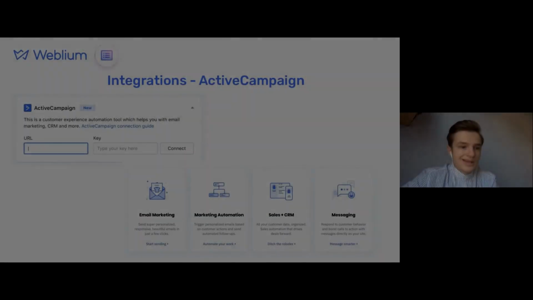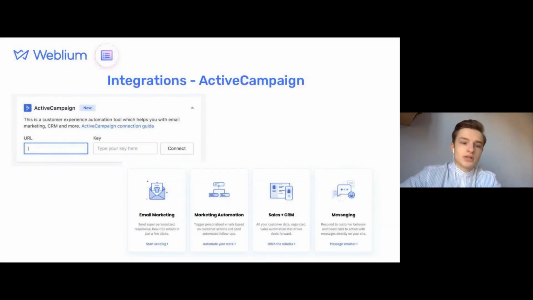Moving on, a lot of marketers and a lot of our partners ask for the ActiveCampaign integration. ActiveCampaign allows you to automate marketing, especially if you have a subscribers list and you want to build up the funnel, which will nurture them, give them useful content, and in the end just call this lead and get money from them.